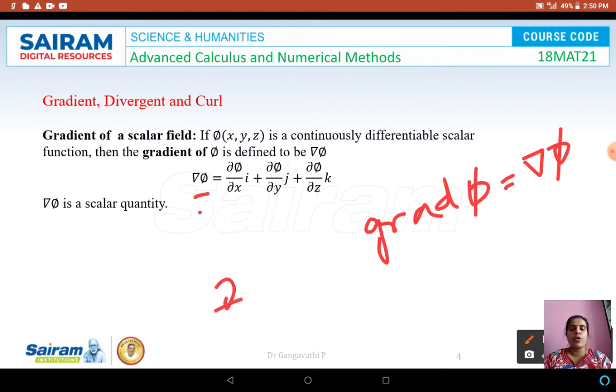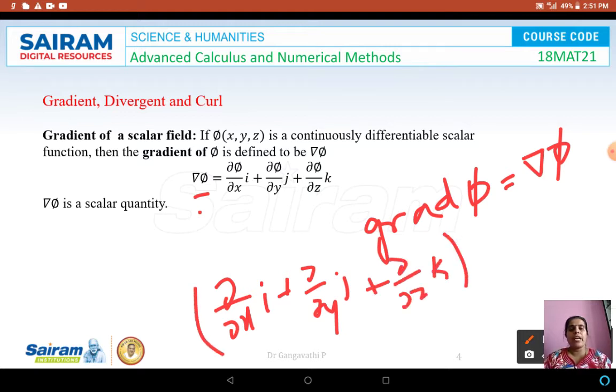Del is nothing but dou by dou x i plus dou by dou y j plus dou by dou z k cap. So this is operating on a function phi. So dou phi by dou x i, plus dou phi by dou y j, plus dou phi by dou z k cap, and the same thing we have entered here.